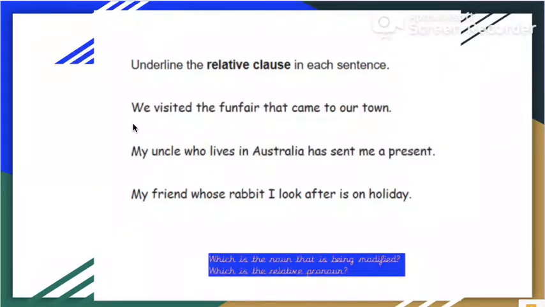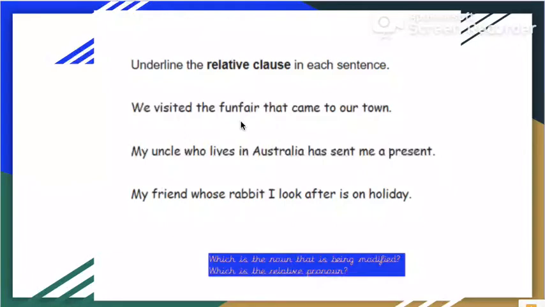So let's have a look at the first one together. So we visited the fun fair that came to our town. So what is the noun in that sentence, the first thing? Where did they visit? So fun fair. Now that is the noun that's being modified in the rest of the sentence.